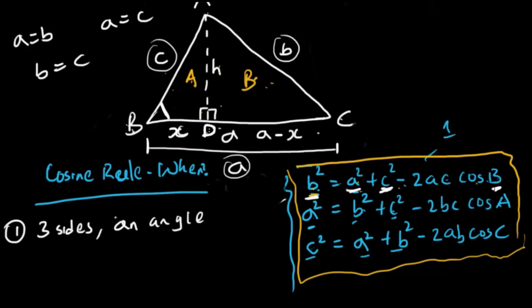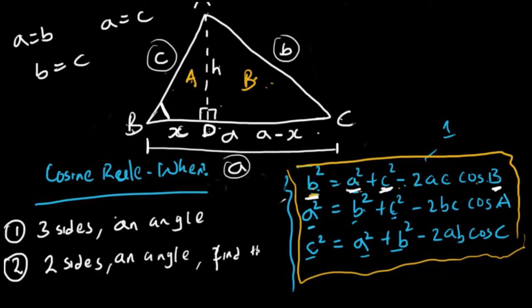Does that make sense? The second situation when we use cosine rule is when we know two sides of the triangle and we know an angle, then we are told to find the third side. Does this make sense?